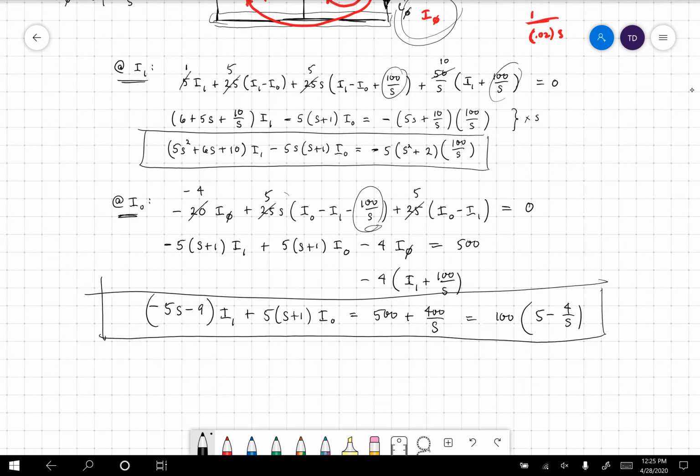We're solving for I0. So let's slide this up a little bit. Solving for I0. Whenever you're in Laplace world, you don't want to screw around too much with substitution or elimination.